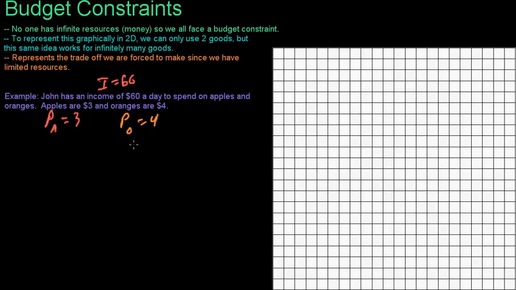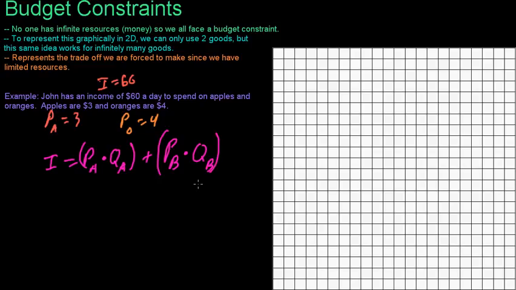So we want to write out an equation that represents these 3 things. The easiest way to do it is that John's total income, and first I'm going to write this in abstraction and then I'll write it for this example, always has to be equal to the price of good A times the quantity of A, plus the price of good B times the quantity of good B that you consume.